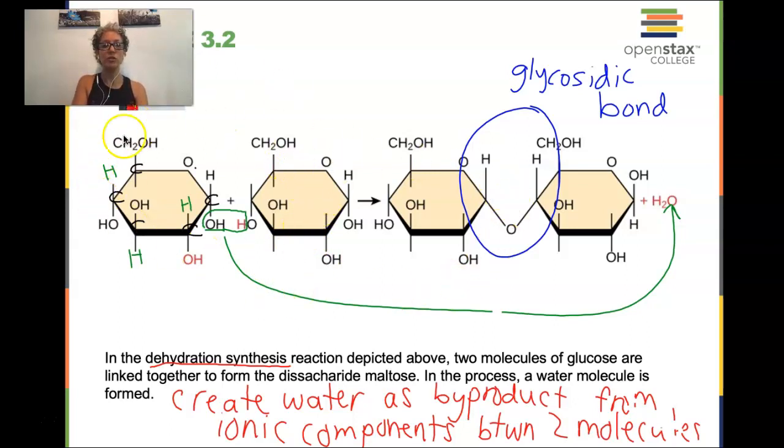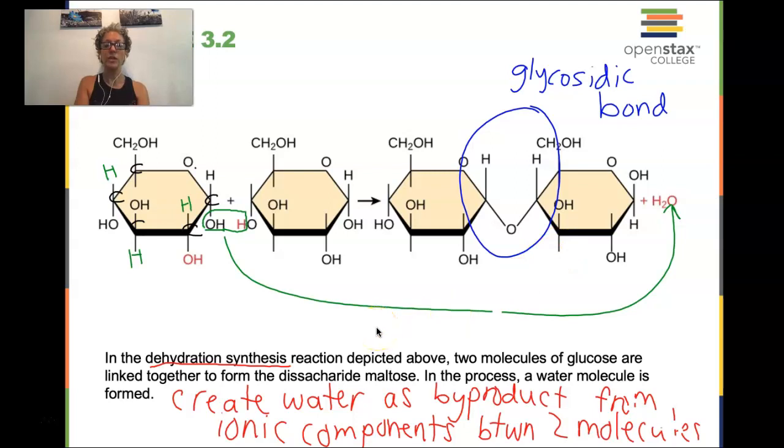When 2 sugars join, we create what's called a glycosidic bond. GLYCO, when you see that prefix, means it's a type of sugar or carbohydrate. And the bond, it is covalent because we have solid lines indicating it.